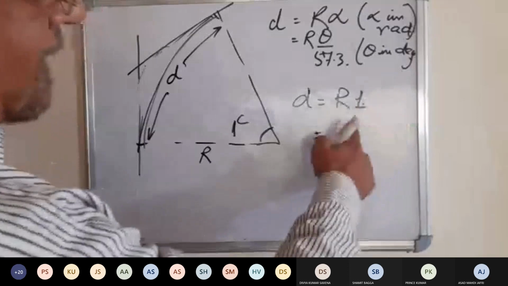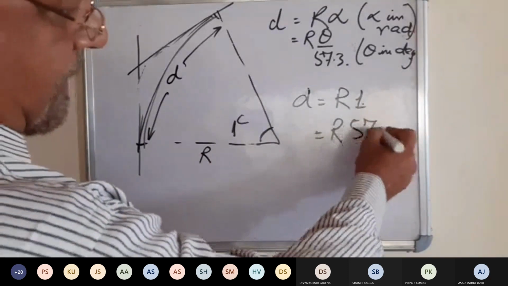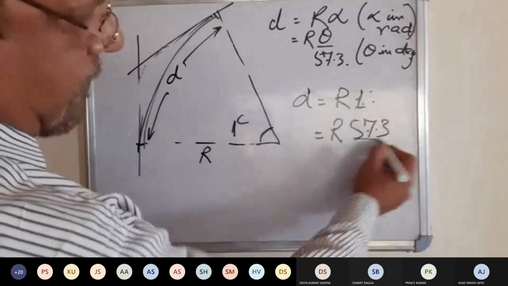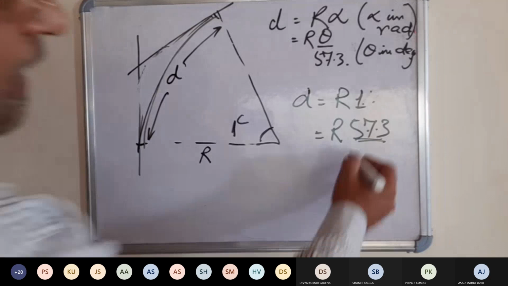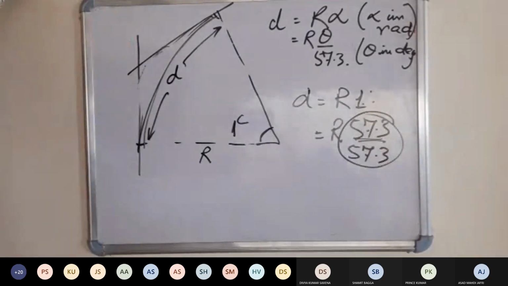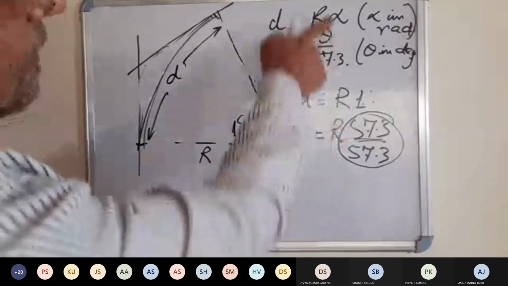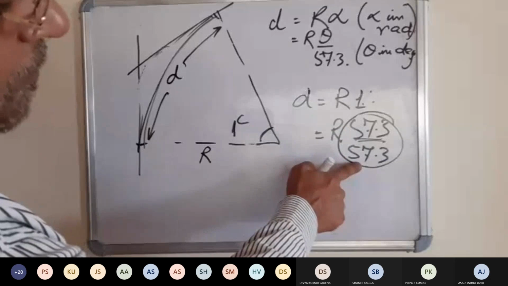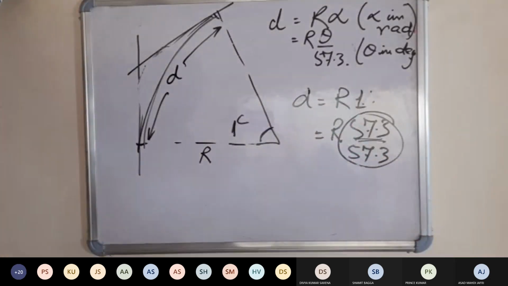Now we know that if we convert this into degrees, R into 57.3, 1 radian is 57.3 degrees, correct? अगर इसको 57.3 से डिवाइड कर देंगे तो कितना हो गया वैल्यू? 1. तो थीटा की जगह थीटा डाल दिया, और उसको 57.3 से डिवाइड कर दिया, तो ये वैल्यू तो वही रह गई. ये बेसिकली रेडियन वैल्यू ही है.